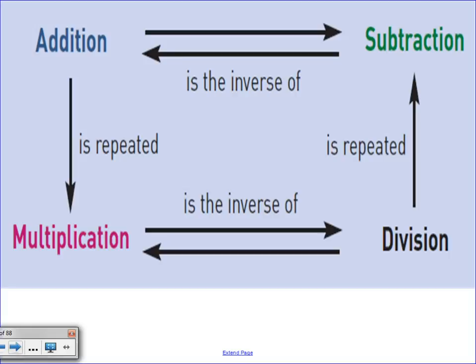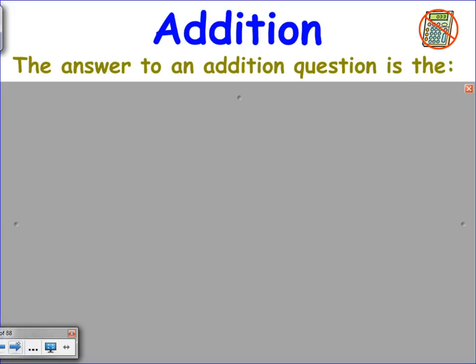Division is repeating subtraction. And multiplication and division are inverses. They're the opposites. So even before we start introducing numbers, we've got a relationship between these functions that we use in mathematics. And all we're going to do is stick numbers in for these functions. So let's start off with the basics.